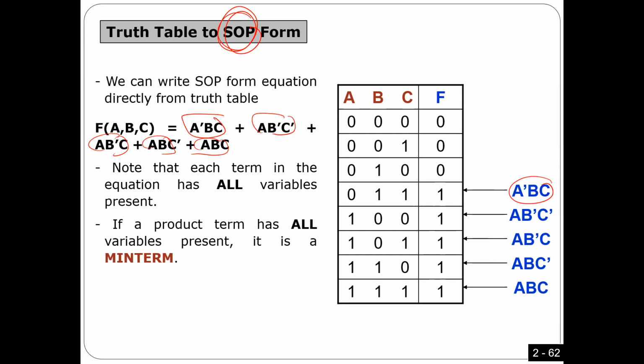So look here. You are telling me this is 1, right? Yes. So this one should be represented by 1 term. Then you do the same for everything here, and after I get all the terms this way, I'm gonna OR them together. That's true. So now the question is, if you have this one, how can I get the term associated with it? I'm gonna tell you how. Look here.